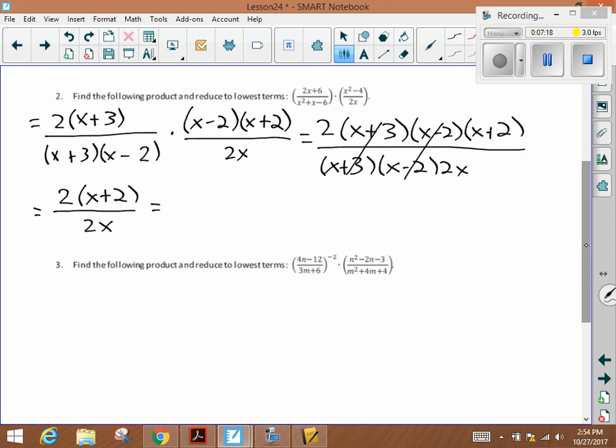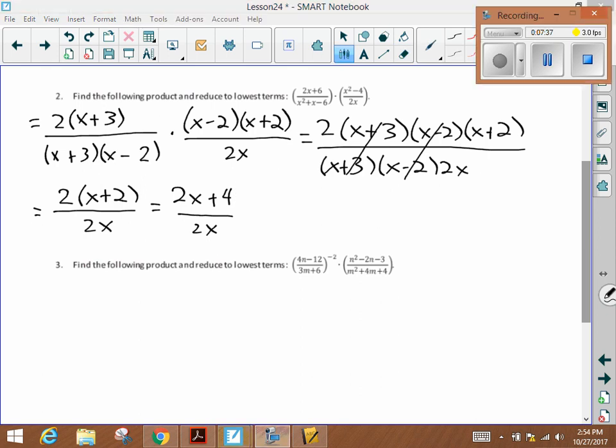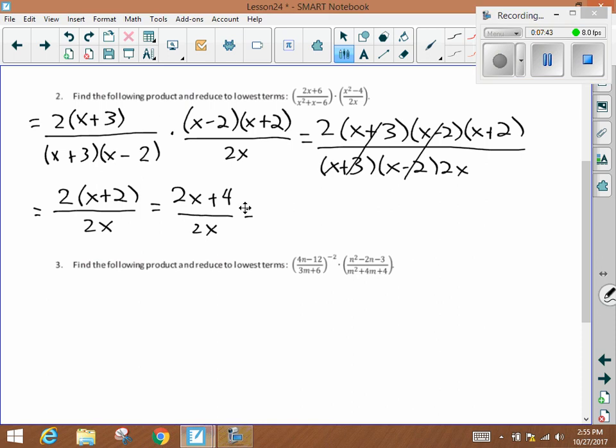And it turns out that if I distribute the 2 throughout that, I can actually simplify this further. Actually, I can't.